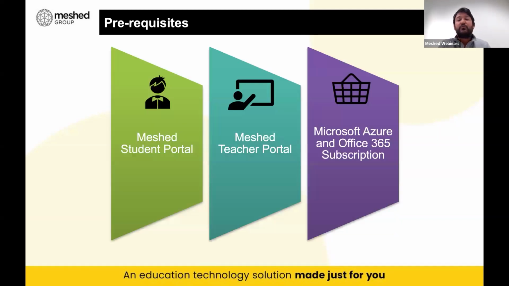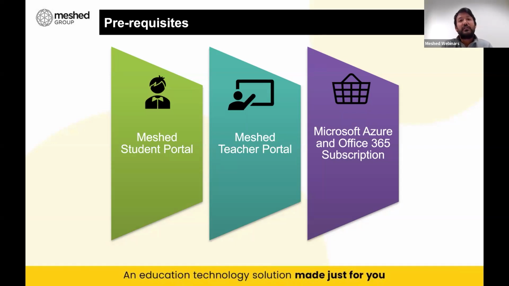Let's say you want to use this integration for a particular user type. Based on that, you need to have certain features activated in the Mesh platform. If you want to use SSO for students, then you need to have the Mesh student portal pre-activated in the system, so that any student will have their own account and can log into Mesh or Microsoft using the Mesh student portal.